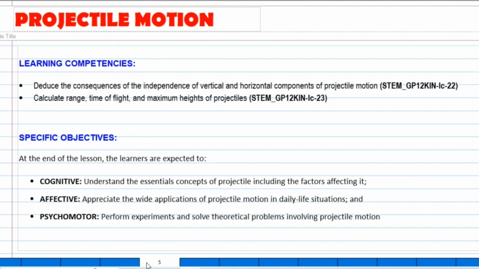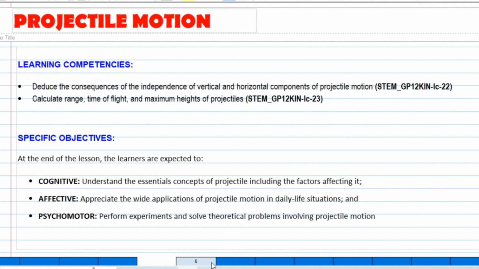Specifically, it is expected that you, the learners, will be able to understand the essential concepts of projectile motion, including the factors that affect the motion of a projectile. Then, you also have to appreciate the wide applications of projectile motion in daily life and perform experiments and solve theoretical problems involving projectile motion. Alright?